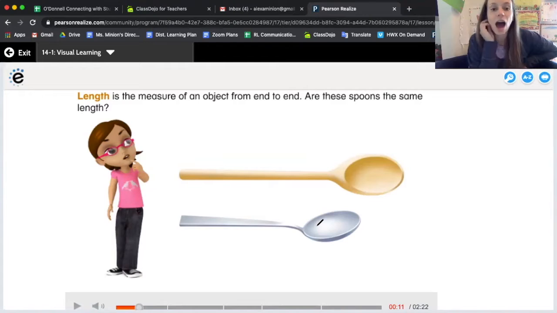You can say the blank is longer. That's right. The top spoon, the wooden spoon, is longer. How do you know? You can say, I know because.